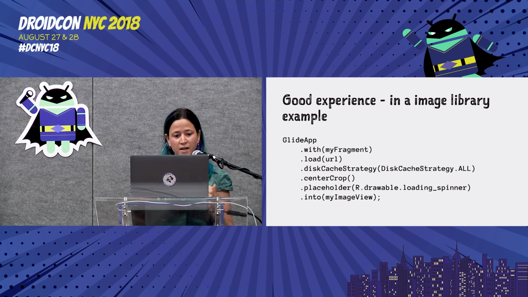In this case, I added the disk cache strategy just to show you that we can do that. We can tell it different strategies for caching. We can crop the image. In this case, I also added the placeholder. This is a placeholder that I'll be showing, and put it all into the image view.